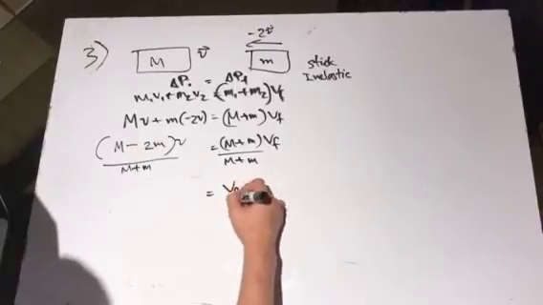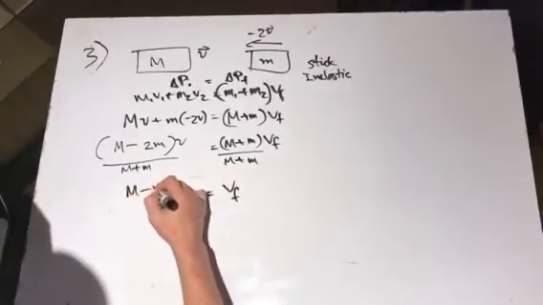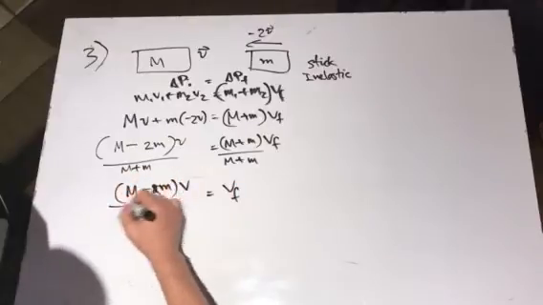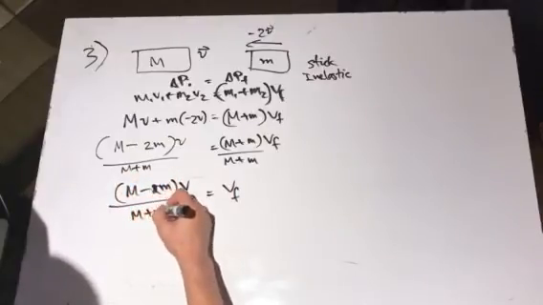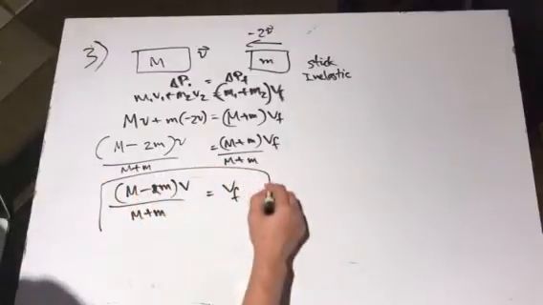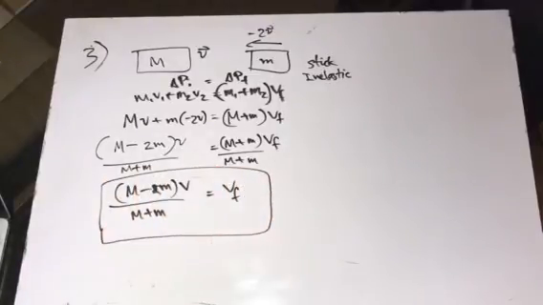So your final velocity should be (M minus 2m) v over (M plus m). This is the final equation representing the final velocity when those two blocks stick together and move at a new speed.